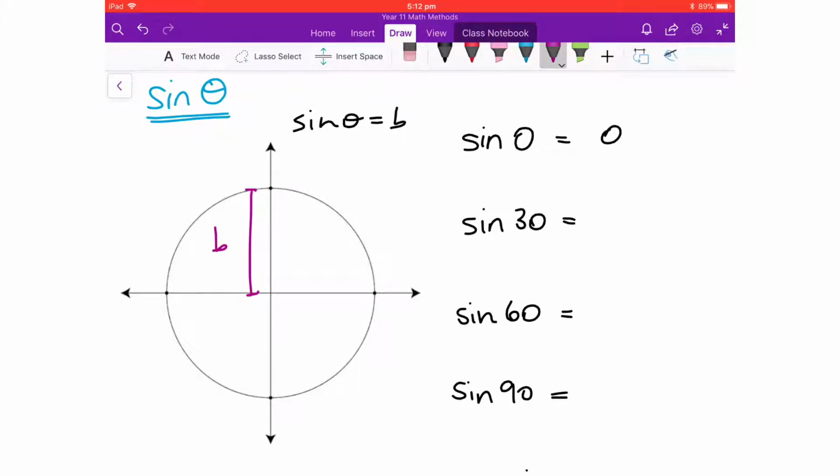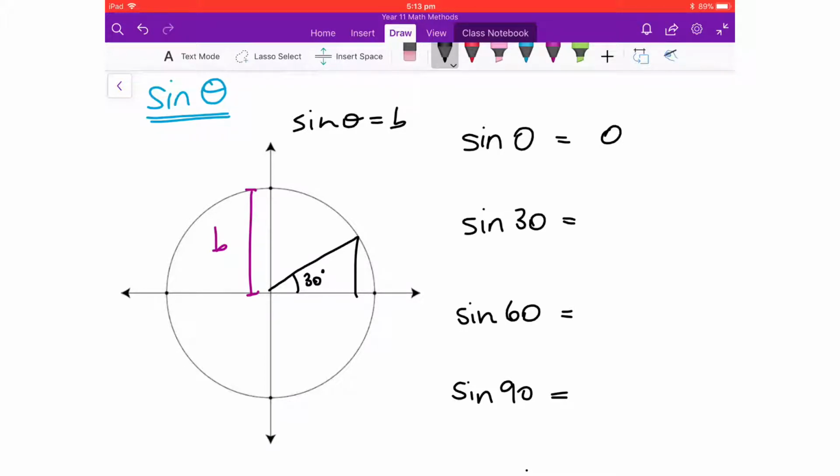Okay, so let's try sine 30 now. So let's create a triangle that's about 30 degrees. So if we said that was 45, let's do something a little bit less. Let's do like that. I'm going to remove that line there. So this is our sine 30, when theta is equal to 30 degrees. In that maroon color, it reminds us that when we want to find the value for a sine, we look at our y-axis.